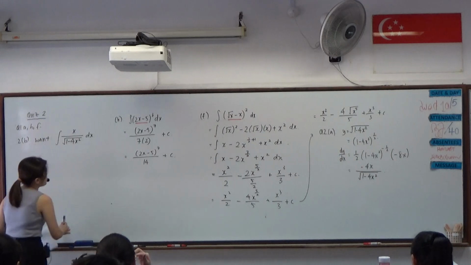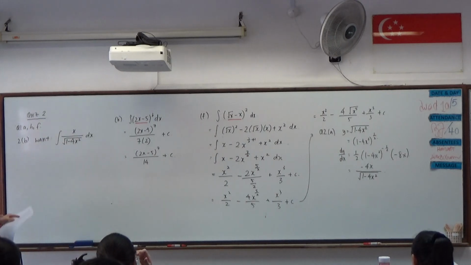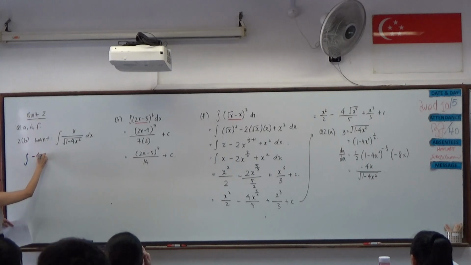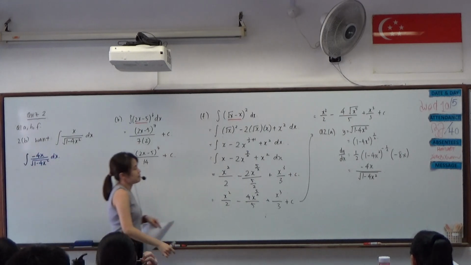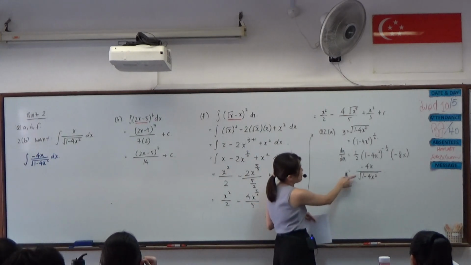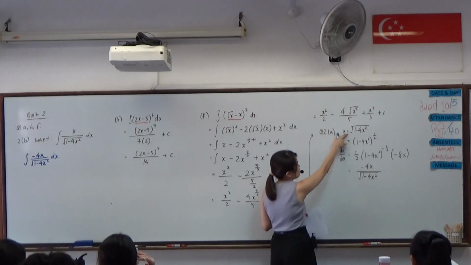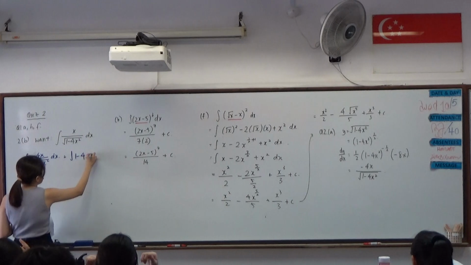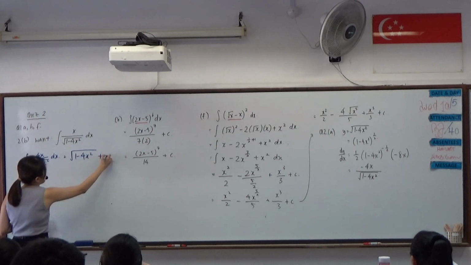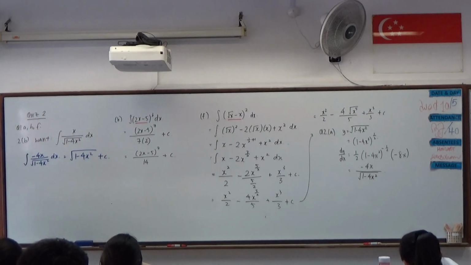which we understand about integration, is that integration is the opposite of differentiation. So when I integrate my negative 4x over square root of 1 minus 4x squared, that means the result here, if I integrate this, it must give me back my y, which is square root of 1 minus 4x squared, and then not forgetting the plus c.